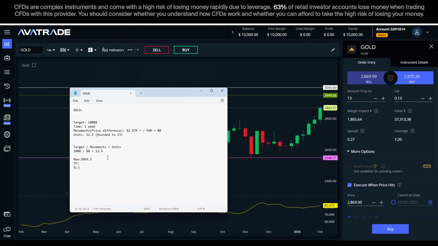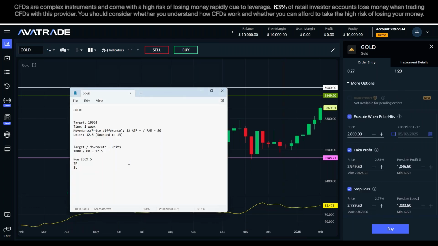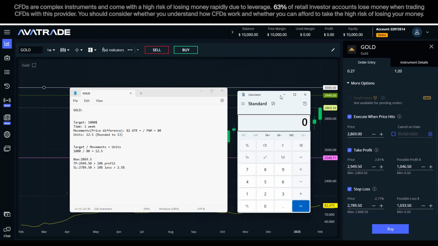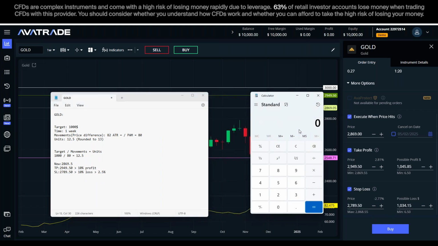All right, now our take profit is at 2949. Okay, and our stop loss 2789.5. Perfect. Now, both of them can lead us to 1,000 profit or loss, but we don't like that. So we would like to adjust and keep it at 10% profit, but this 10% loss, we wanted to make it maybe 2.5. So what we can do, the easiest thing to do is just to divide the reference value, which is 80, by 4, right?